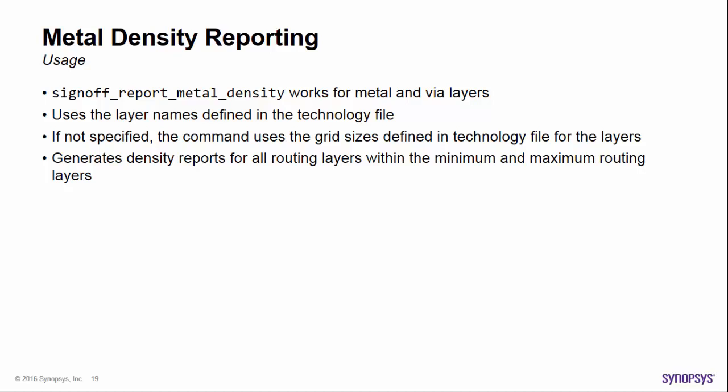Usage. This new command signoff_report_metal_density works only for metal and wire layers. It uses the layer names defined in a technology file. If this information is not specified, the command uses the grid sizes defined in the technology file for the layers.